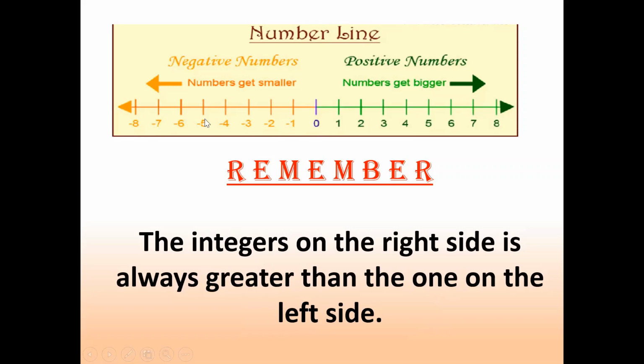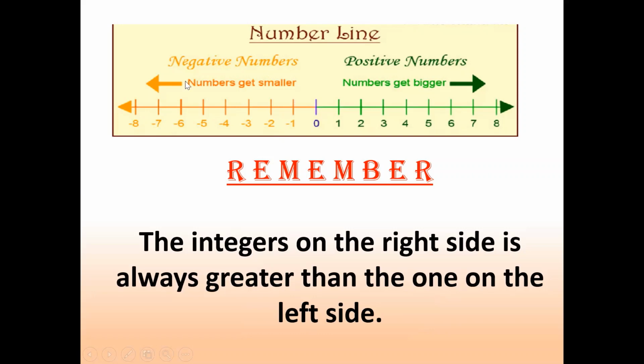And if you take any number from the left hand side and then test, having a loss of 5 rupees is better than having a loss of 6 rupees. So when the number goes towards the right side, the number's value increases, and they are always greater than the number which is on the left hand side.